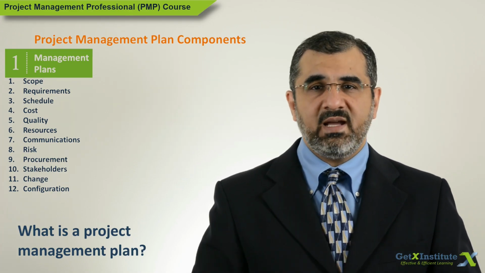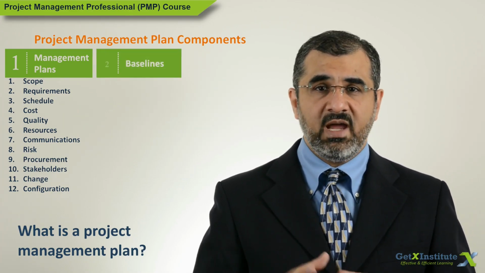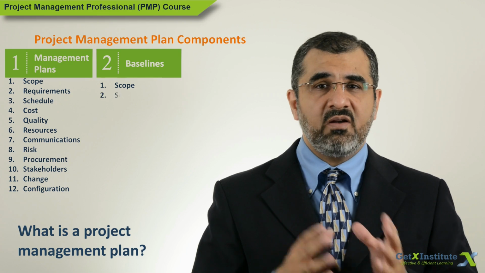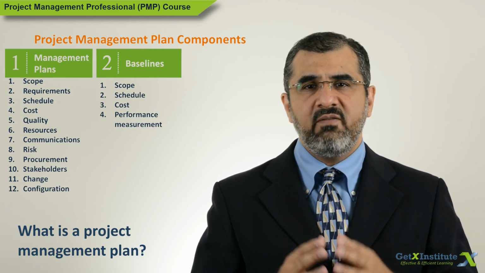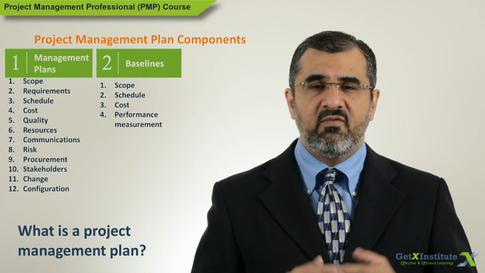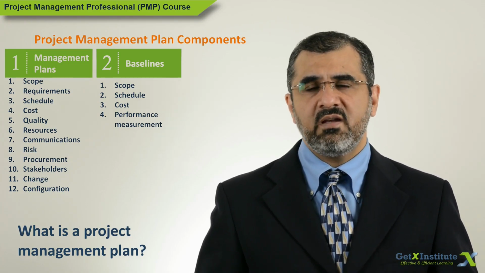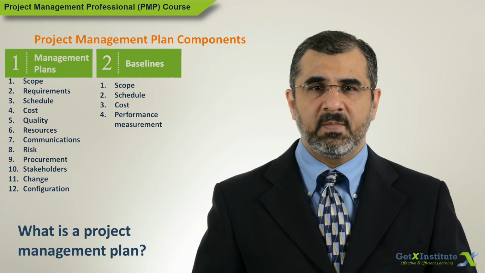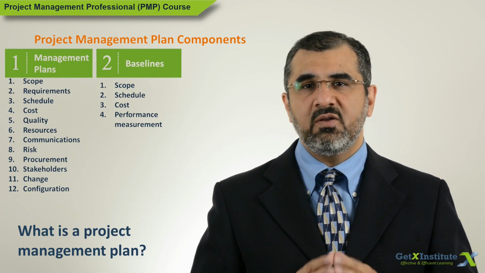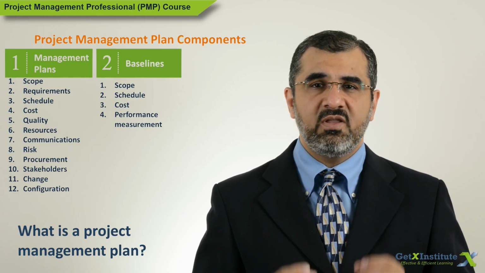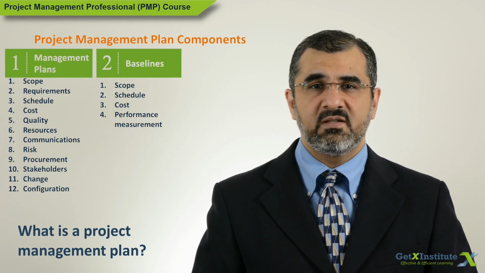Also, the three baselines, scope, schedule, and cost baselines, are part of the plan. These baselines are created in the relevant knowledge area processes for the purpose of monitoring and controlling the project work. The project management plan is also baselined so that no change can be made to it without an approved change request.